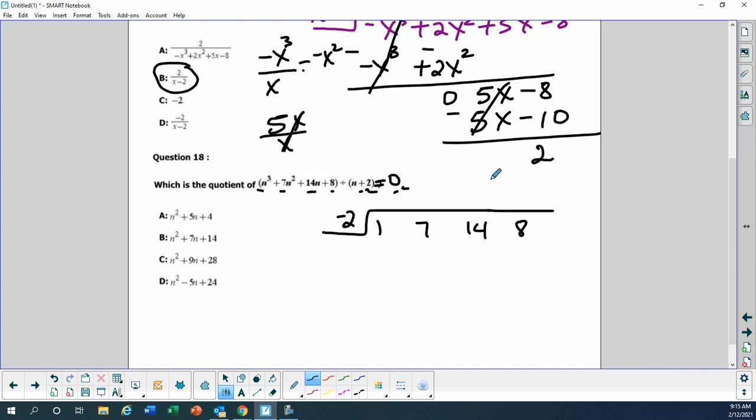Now you draw your line and bring the first one down, which is 1. 1 times 2 is 2.